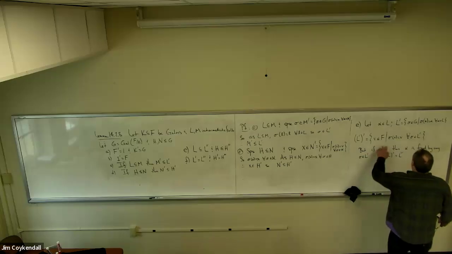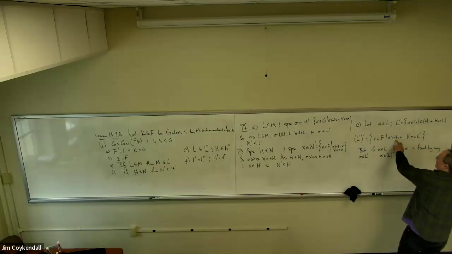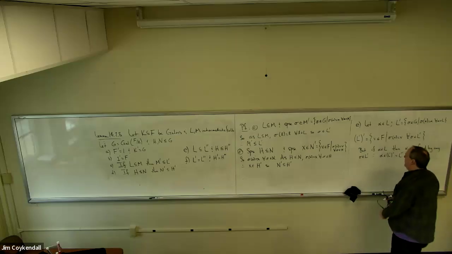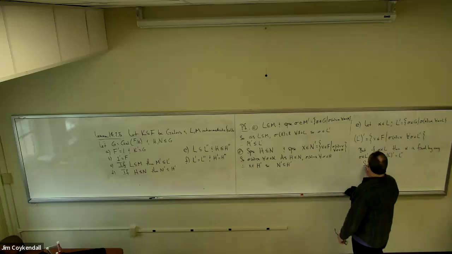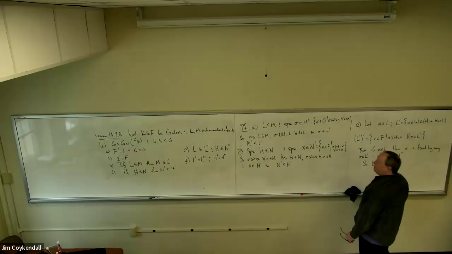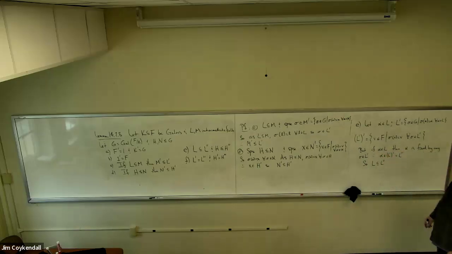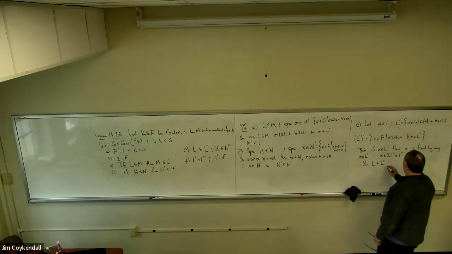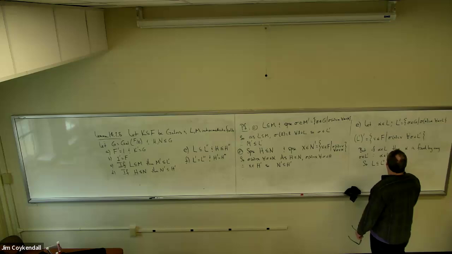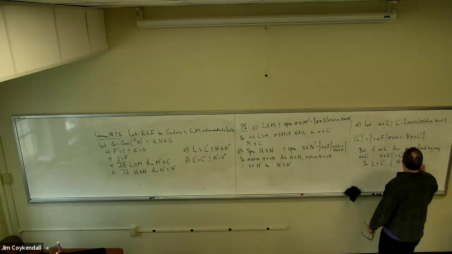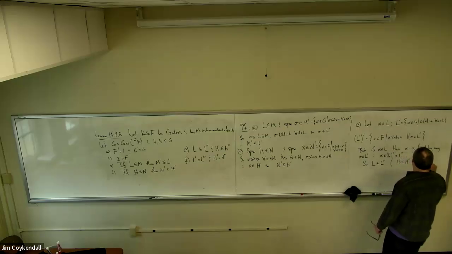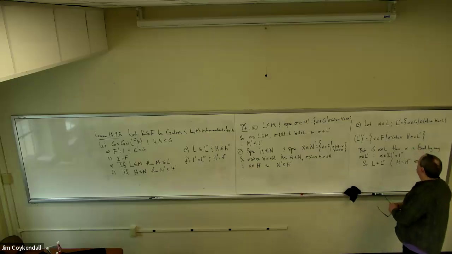Since alpha is fixed by any sigma in L prime, by definition, it's in here. So L is contained in L double prime. H is contained in H double prime is an exercise. That's not too bad to do.